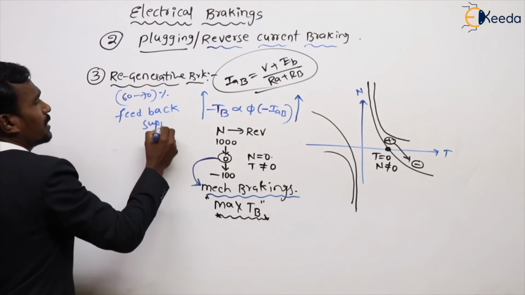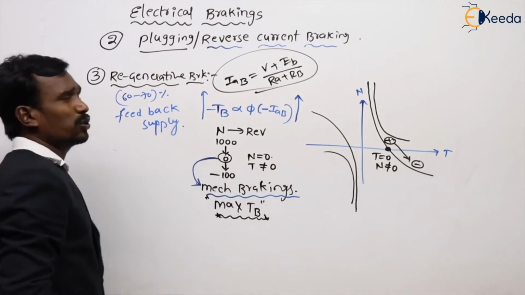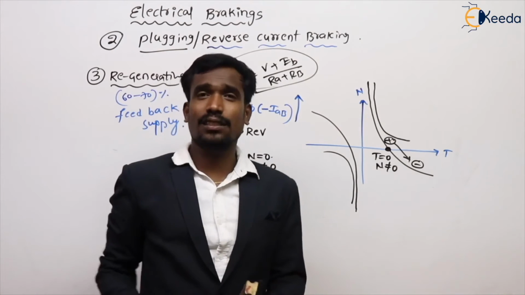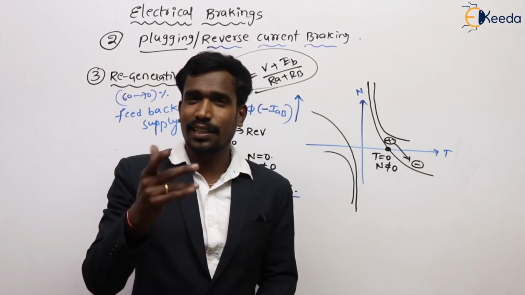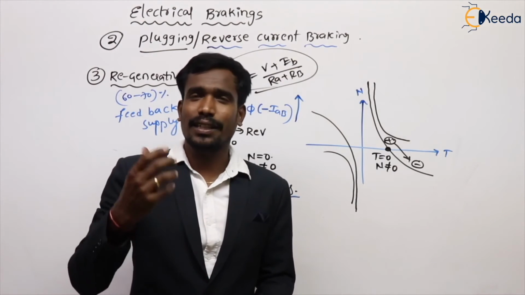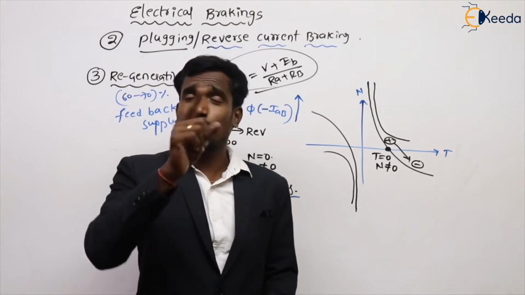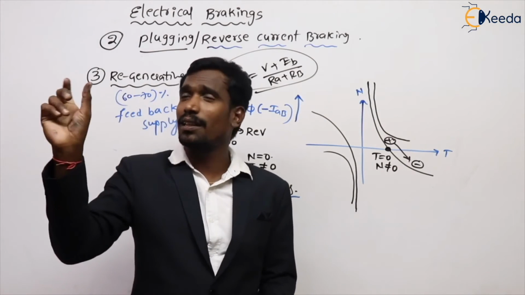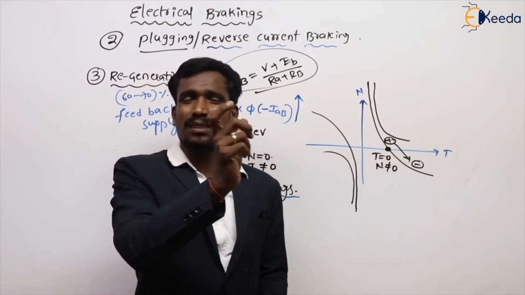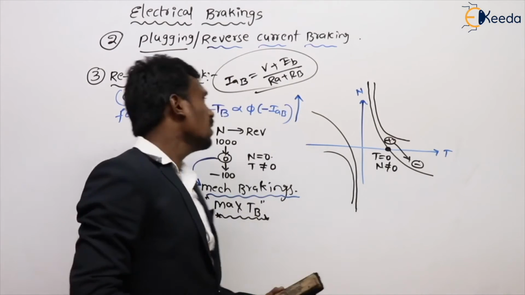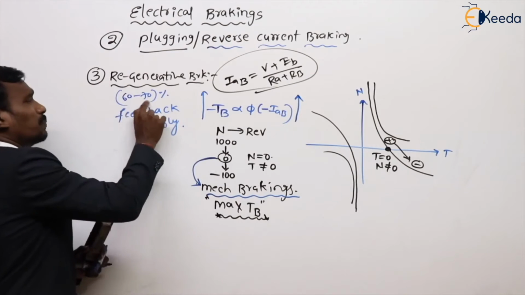This is the major advantage of regenerative braking. Generally in trains you can see this is the regenerative method connected. In lifts you can see regenerative connected. In the lift they will paste a small board like that. So regeneration will take place.